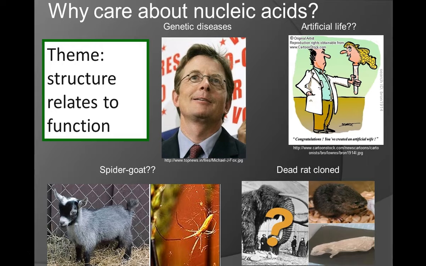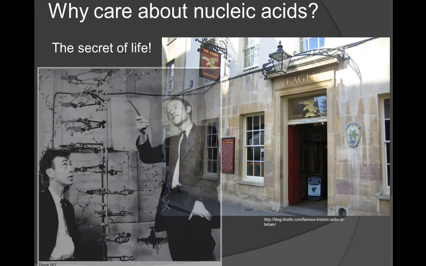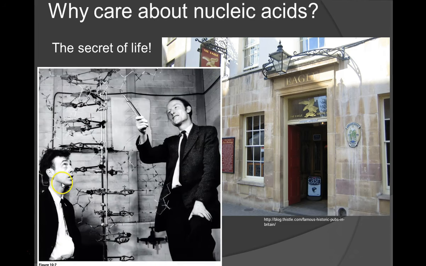So this is why we care about nucleic acids, and in fact, the two gentlemen that first cracked the structure of DNA, they knew structure was so important for function, these two men, Watson and Crick. Watson had looked at some data from Rosalind Franklin, I should say without her permission, but he did.